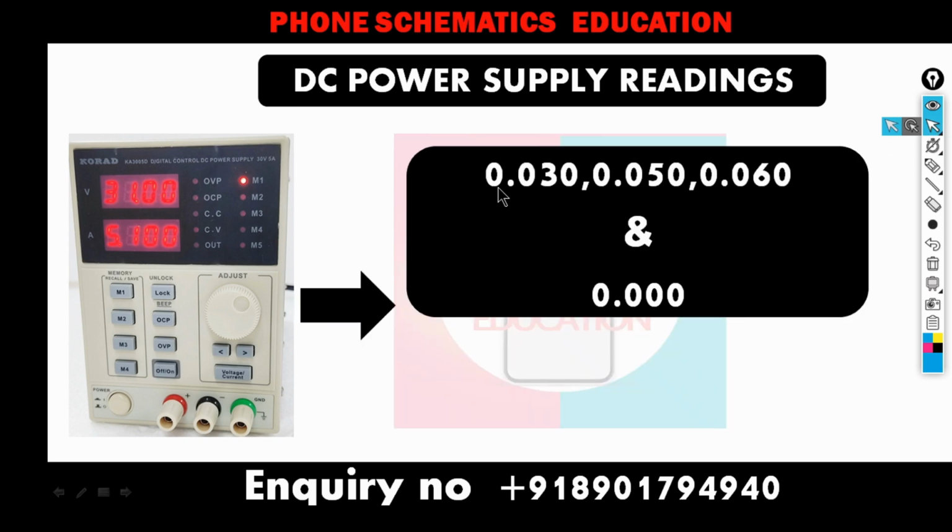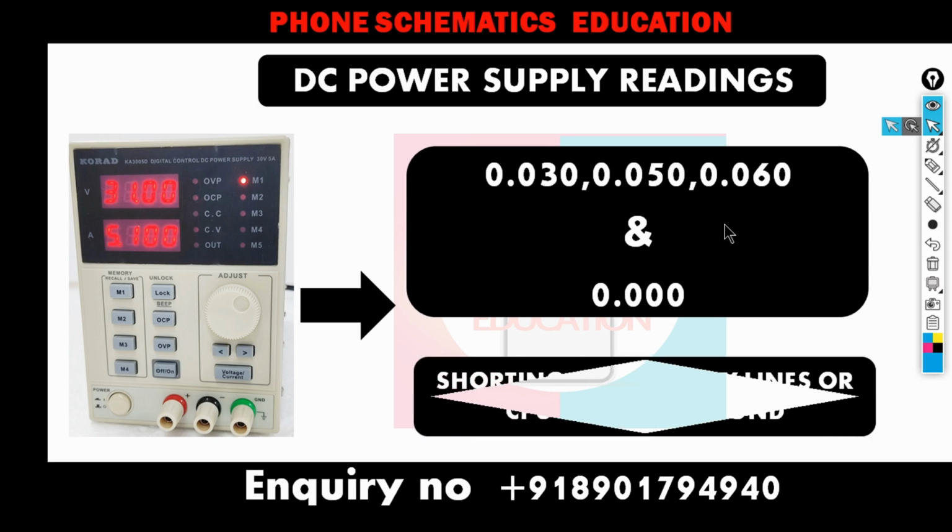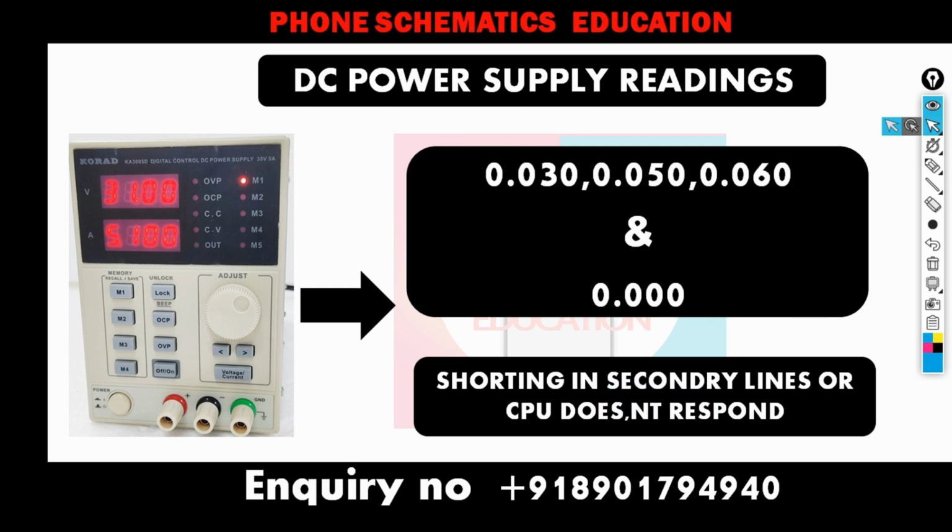when you connect the mobile phone and it shows 30 milliamp, 50, 60, right? When you release the power on off switch, it goes back to 0, right? Then it must be shorting in a secondary line or your CPU does not respond.